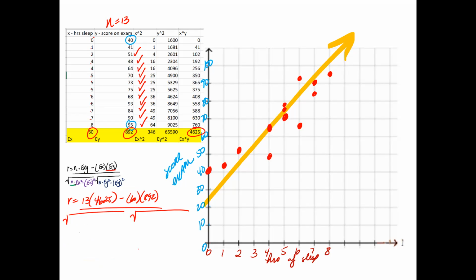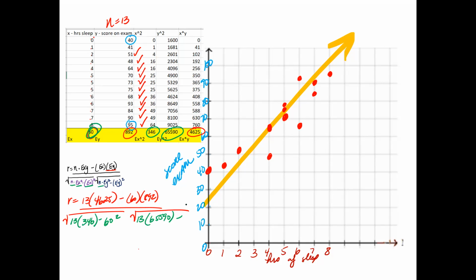Okay, first one is N again, so 13 times ΣX squared. ΣX squared is 346 minus ΣX parentheses squared, so that's going to be 60 squared, times N, that's 13, times ΣY squared, which is this massive number 65590, minus ΣY parentheses squared.